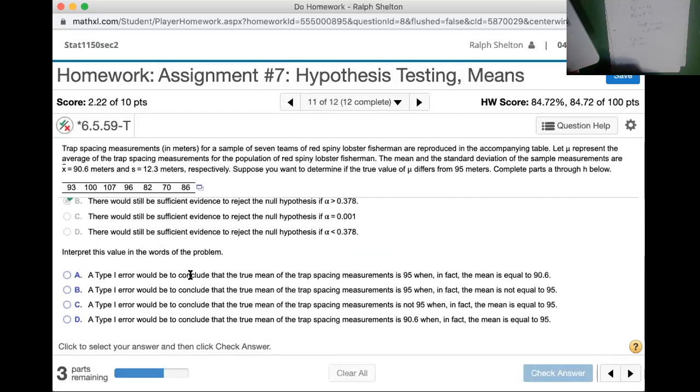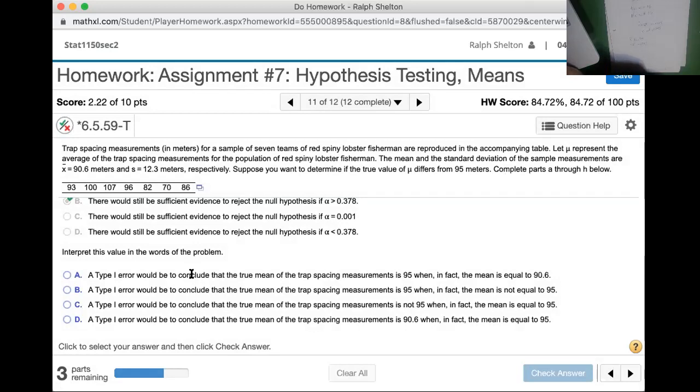Interpret. Type 1 error would be to conclude the true mean is 95 when in fact the mean is equal to 90.6. Okay, so the null was 95. A type 1 error is you're going to reject the null. Okay, but when you do that, you're making an error. That's why they call it an error. So type 1 error says you've rejected the null when you should not have rejected the null, okay?